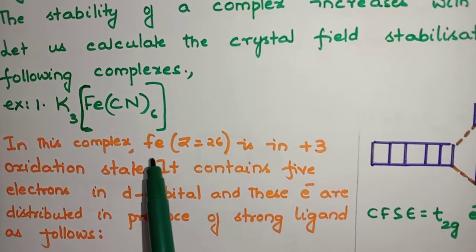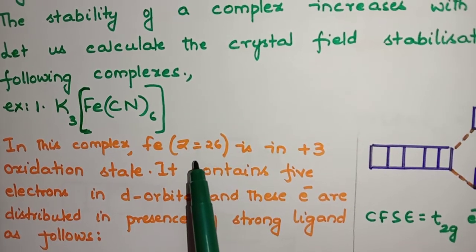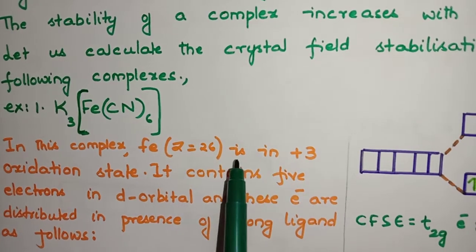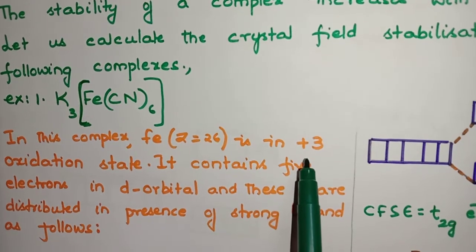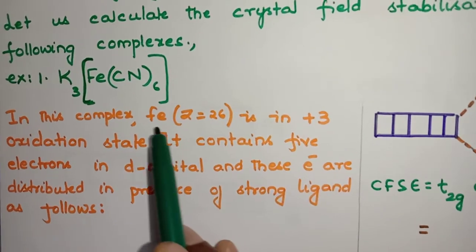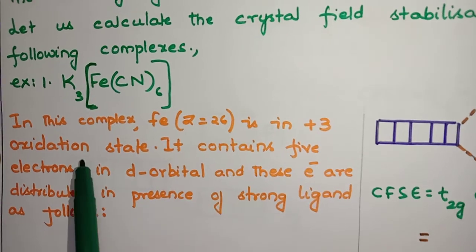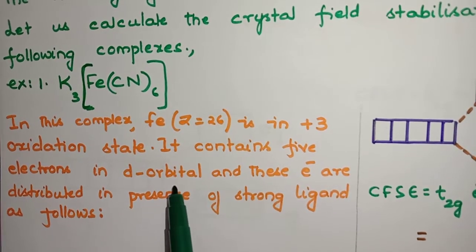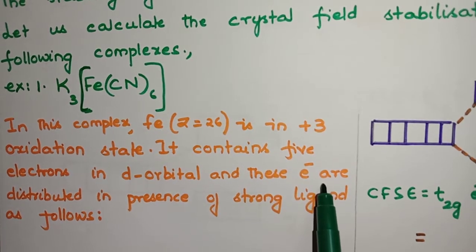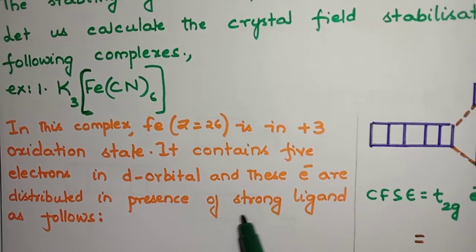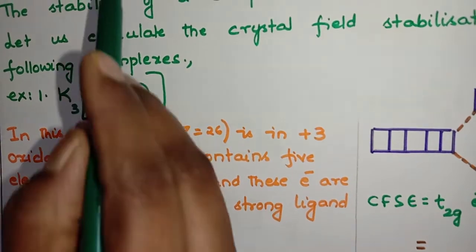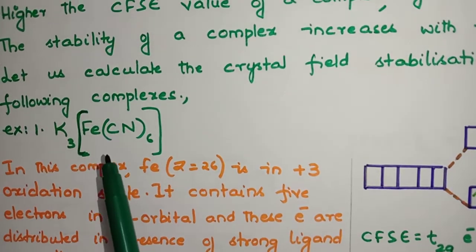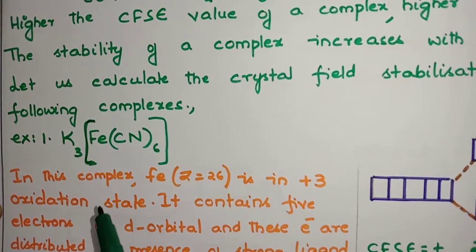In this complex, the central metal atom, iron, will be in the +3 oxidation state, which means it contains 5 electrons in the d orbital. How are these electrons distributed in the presence of a strong ligand? CN⁻ is a strong ligand, as we have learned in the previous classes.